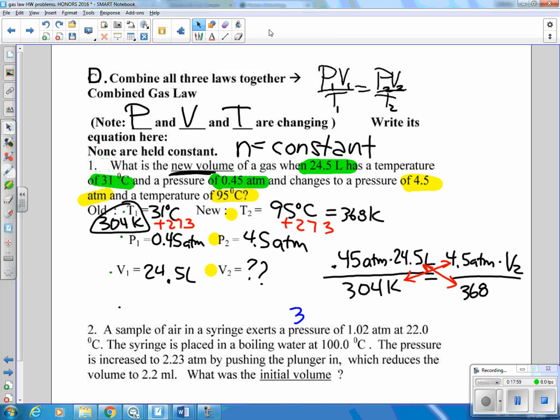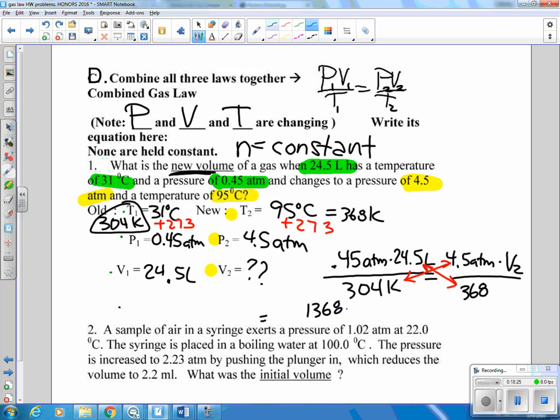We have 304 times 4.5, and that equals 1368. I'm going to go ahead and erase these two. That's what the top is. So 1368 is the top.